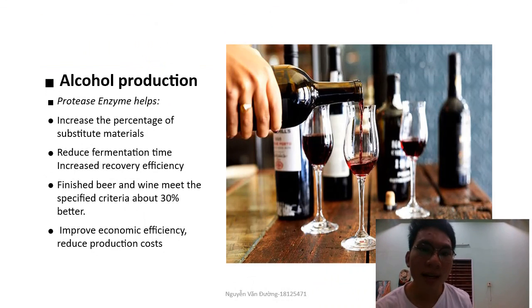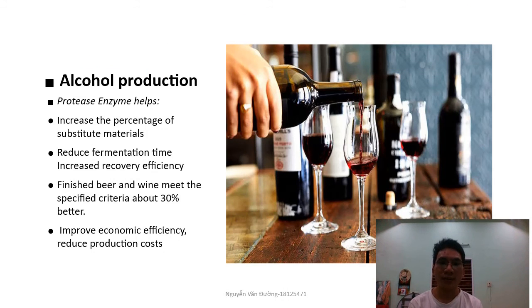Protease enzymes have a very important role in alcohol production because it helps increase the percentage of substitute materials, reduce fermentation time, increase recovery efficiency. Finished beer and wine methods specify about 30% better, improve economic efficiency, reduce production costs.